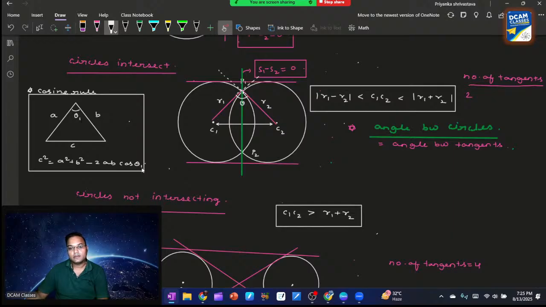This is theta 1, this is theta 2, this is theta 3. You can use the same formula for other results also. You can also write A square is equal to B square plus C square minus 2BC cos theta 3, or B square is equal to A square plus C square minus 2AC cos theta 2.